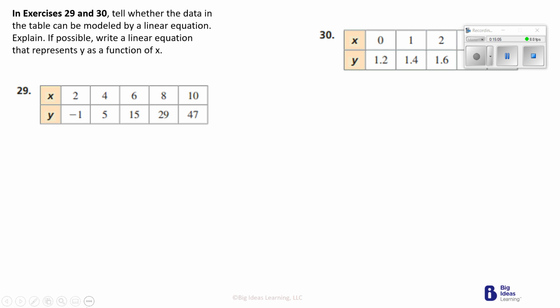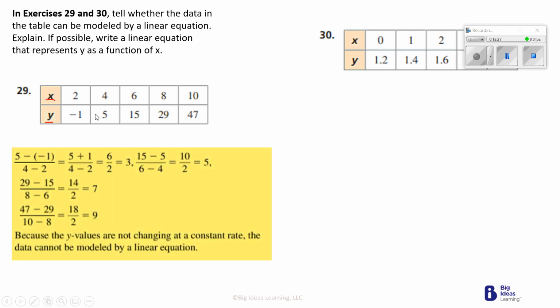It's saying tell whether the table can be modeled by a linear equation. Okay, so we've got to make sure that every one of these has the same slope. All right, to do this, I remember all these are x and all these are y. So I can check every one of them with the slope formula.